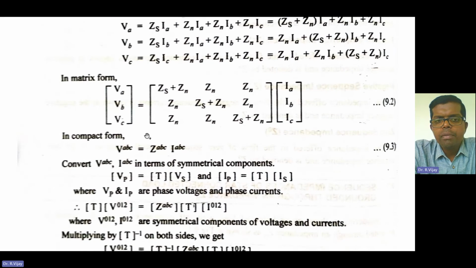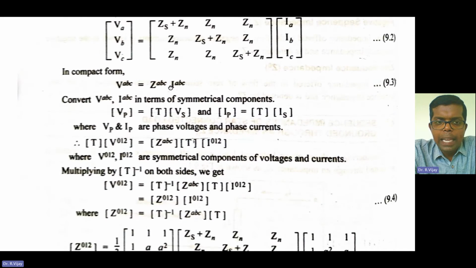So now we need to convert this into compact format. That is the VA, VB, and VC matrix is equal to VABC. And here also this matrix we are converting into ZABC, and this matrix, IA, IB, and IC, we are converting into IABC.